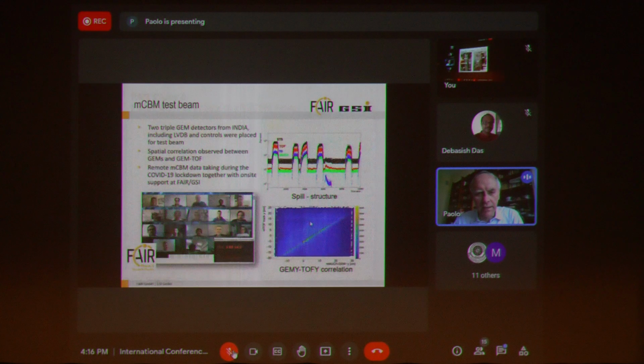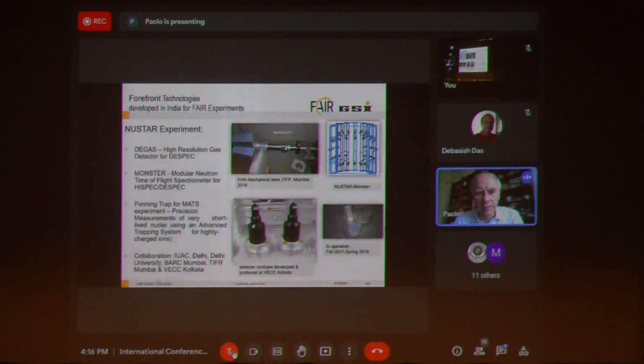You can see them here, and it is very successful in our data, demonstrating the capability to work at extremely high rates, and other detectors are being brought to operation in Moscow.